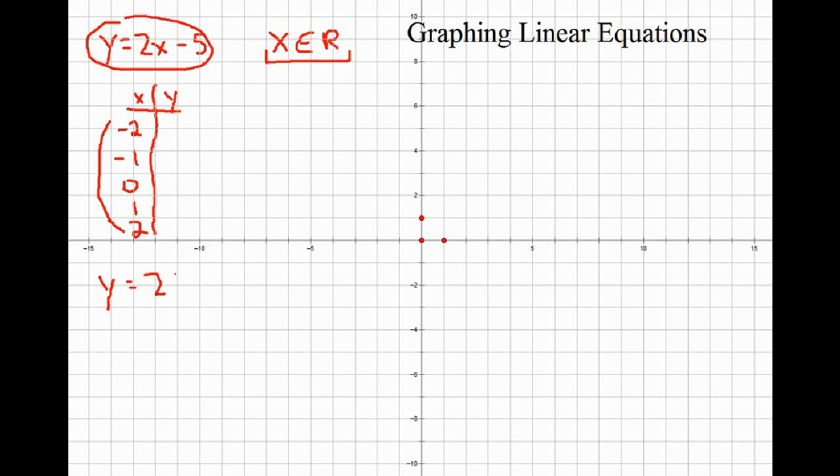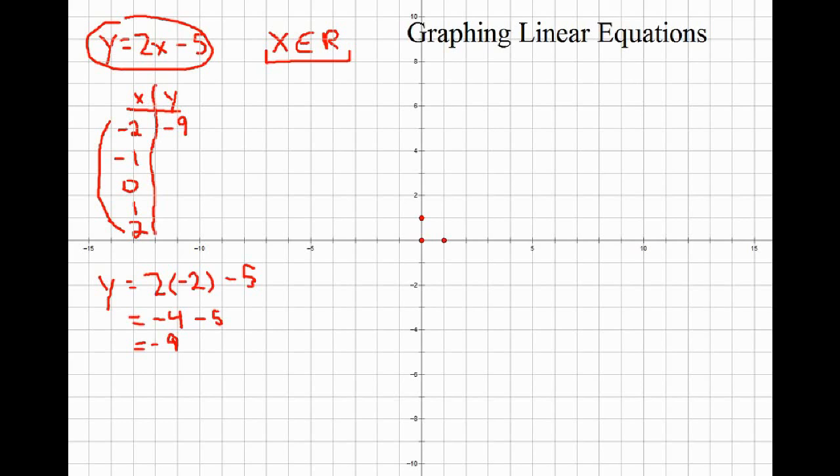So I'm rewriting the equation, and the equation is exactly the same, except instead of writing x, I'm writing negative 2. So now we go ahead and solve for y, which means we follow order of operations. So 2 times negative 2 is negative 4, and negative 4 minus 5 is negative 9. So if x equals negative 2, y equals negative 9.